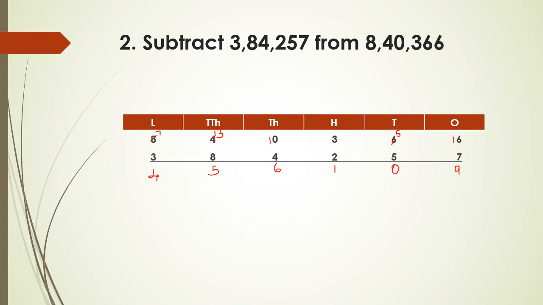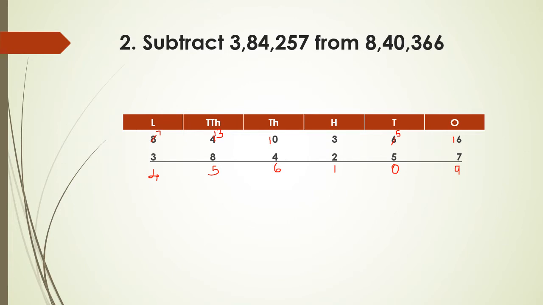3 minus 2, 1. 0 minus 4, you can't subtract because 0 is the smaller number. So borrow from the 10,000s place. Here you will get 3. Here you will get 10. 10 minus 4, 6. 3 minus 8, you can't subtract. Borrow from the lakh place.